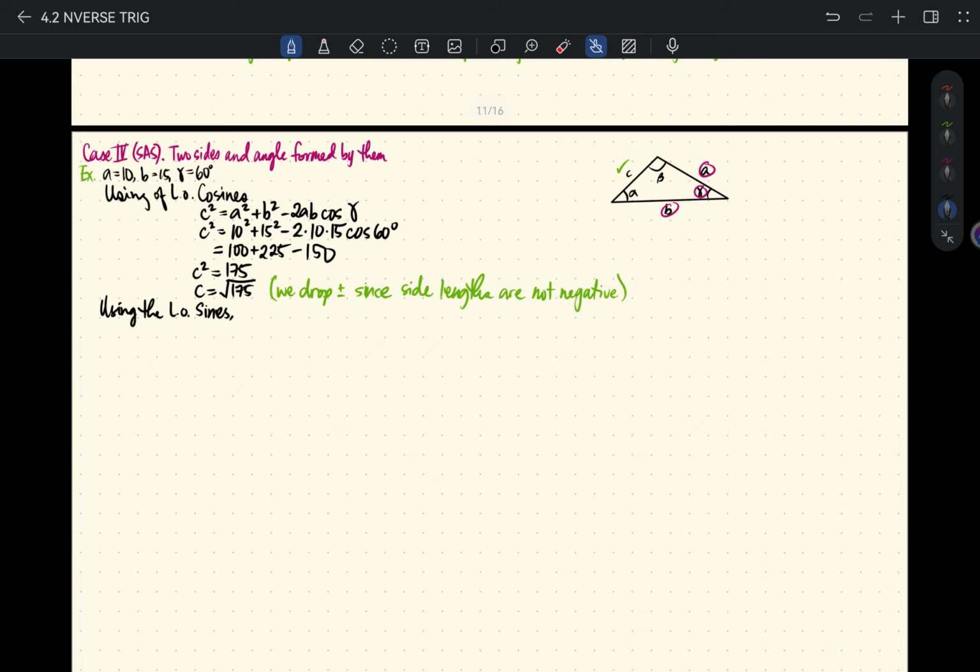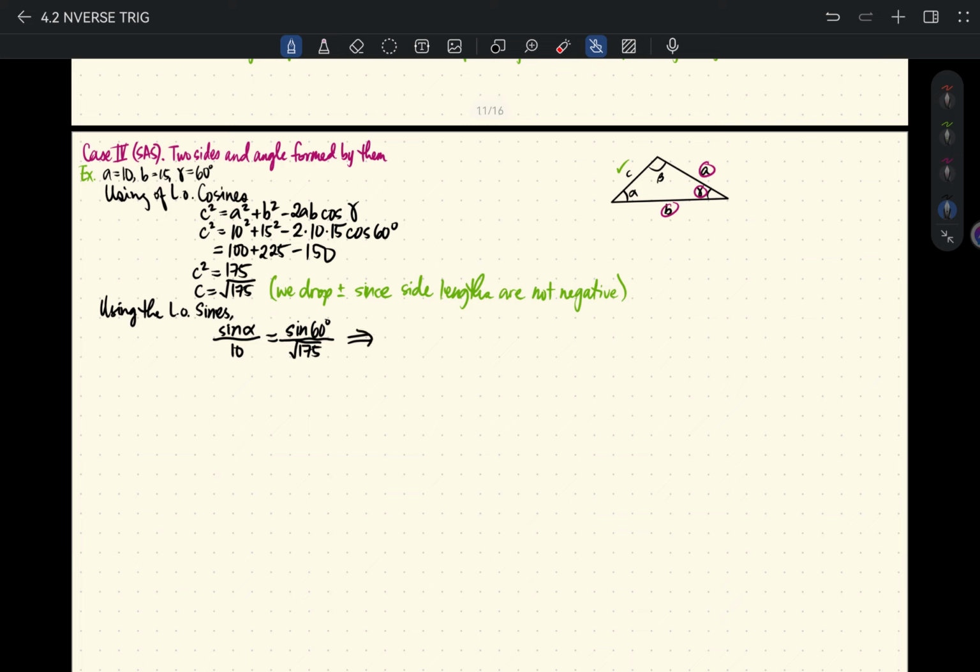If we use the law of sines, what will we get here? We're using again alpha and A. So that's sine of alpha over A, which is 10, equals sine of gamma, so you have sine of 60 degrees over C, which is square root of 175.